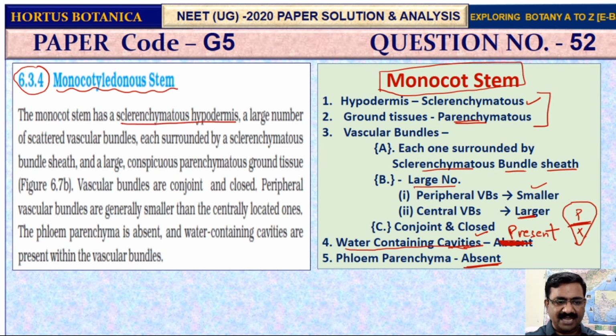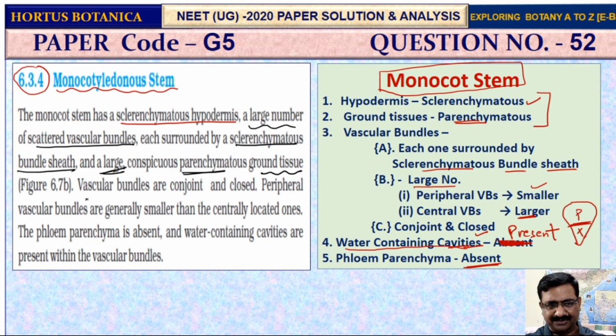What is given? Sclerenchymatous hypodermis, as I told you, and a large number of scattered vascular bundles surrounded by a sclerenchymatous bundle sheath. Ground tissues are parenchymatous. Vascular bundles are conjoint, which is a character of stem, and there is no vascular cambium, so they are closed, again a character of monocot stem.